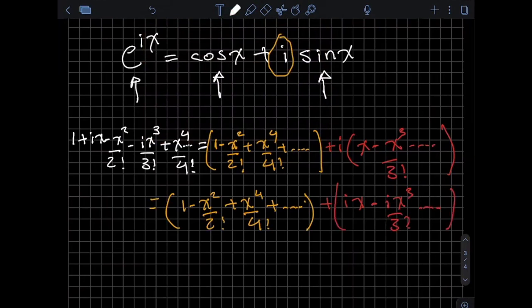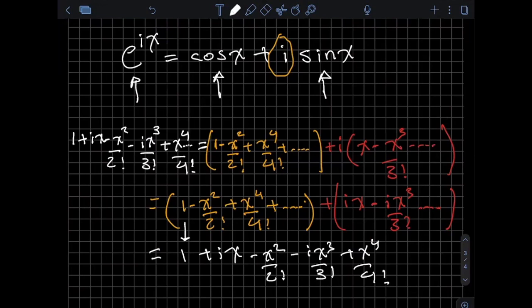Now, since addition is a commutative property, I can put 1 plus ix minus x squared over 2 factorial minus ix cubed over 3 factorial plus x to the power of 4 over 4 factorial. You can see that this is 1 in here, and the ix came from here.